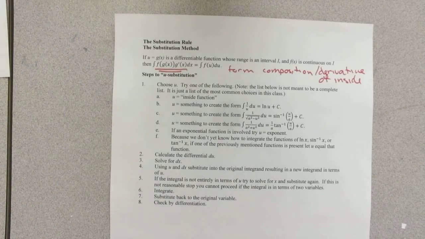And then F, because we don't yet know how to integrate the natural log of x, sine inverse of x, or tan inverse of x. If one of the previously mentioned functions is present, let u equal that function. Now that is definitely not going to be an always. Unfortunately, in calculus, here in calculus 1, and then when you go into calculus 2 and learn to integrate, there is never going to be an always of what you should do.